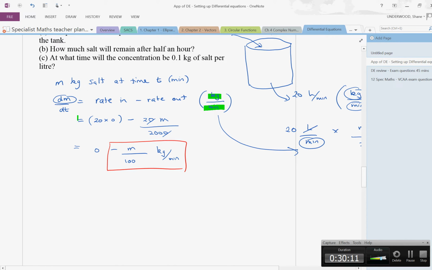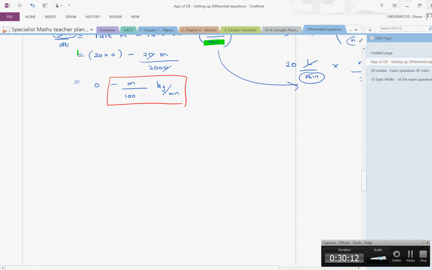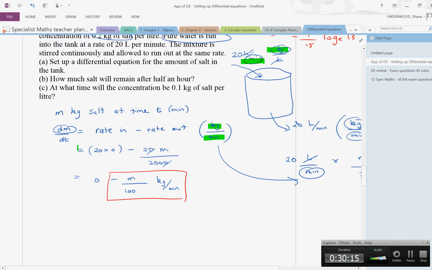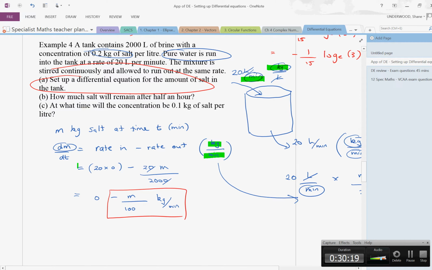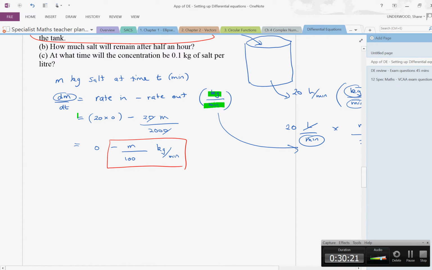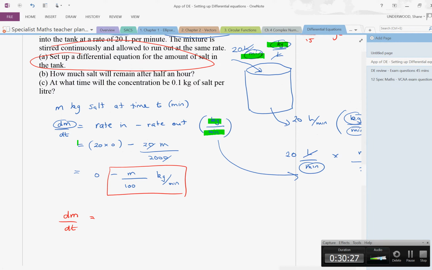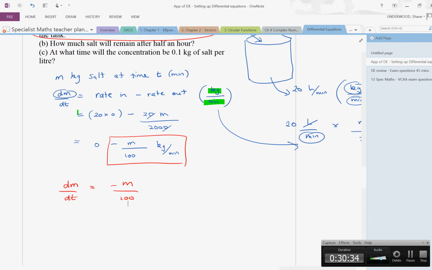I'm going to do one last one before we go. It says here we've set up the differential equation. How much salt will remain after half an hour? So, let's do that. We've got dm/dt equal to minus m over 100. What do we do to that differential equation?